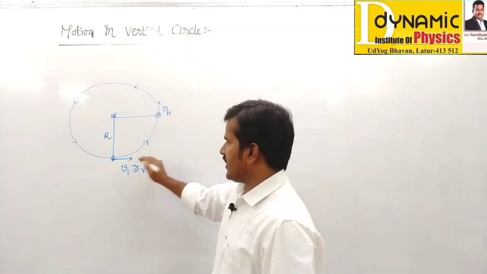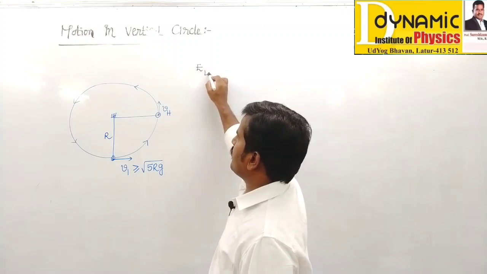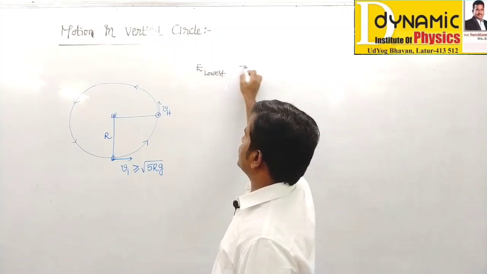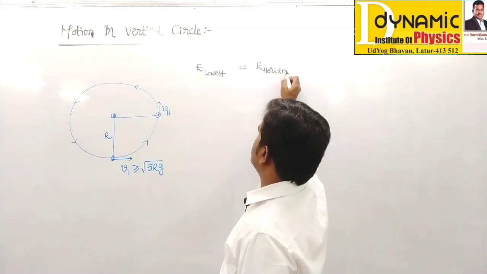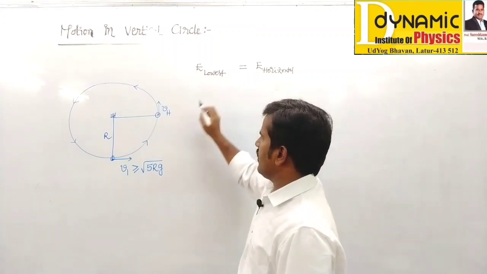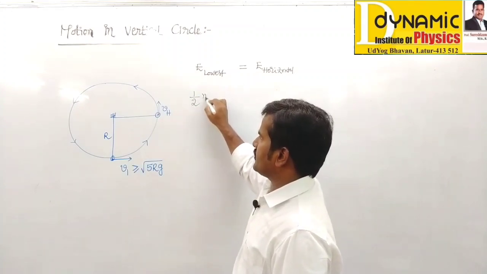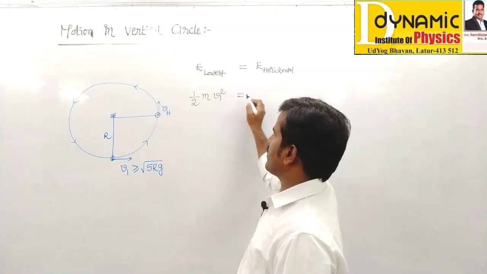Using conservation of energy, the energy at the lowest position equals the energy at the horizontal position. At the lowest position there is only kinetic energy, half m v square.